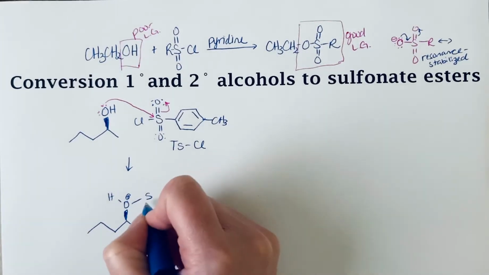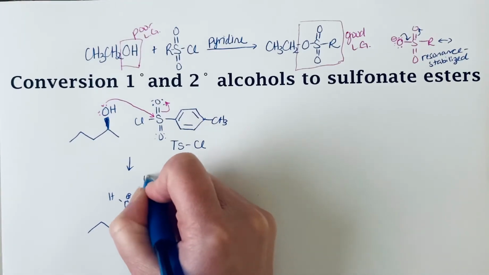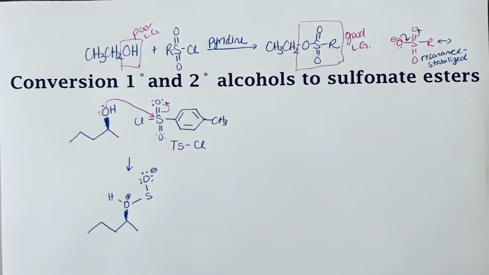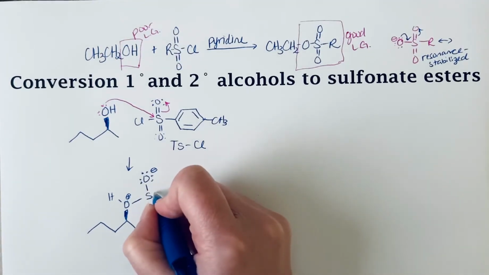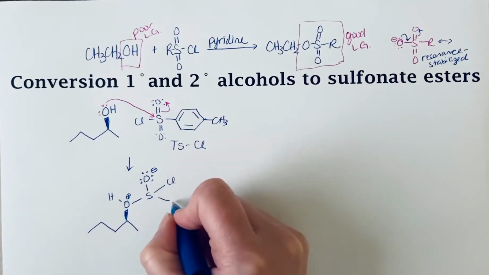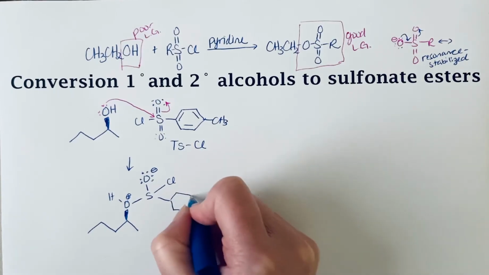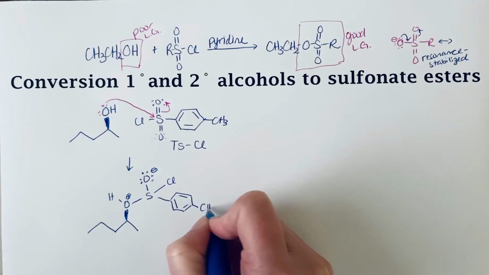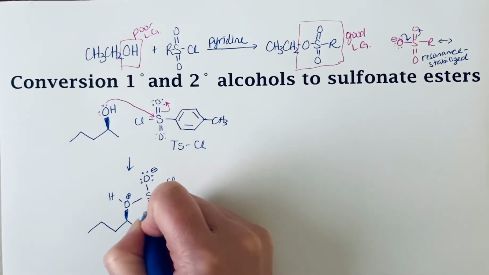Our sulfur here has a single bond to oxygen where we pushed those electrons up, so that oxygen has a negative charge. You have a chlorine on there, you have the toluene group, and another double bond to oxygen.